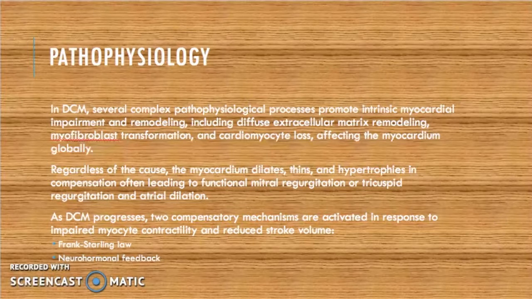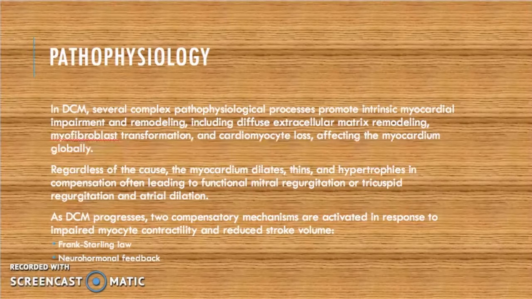Regardless of the cause, the myocardium dilates, thins, and hypertrophies in compensation, often leading to functional mitral regurgitation and tricuspid regurgitation. This disorder affects both ventricles in most patients, only the left ventricle in a few, and only the right ventricle rarely.